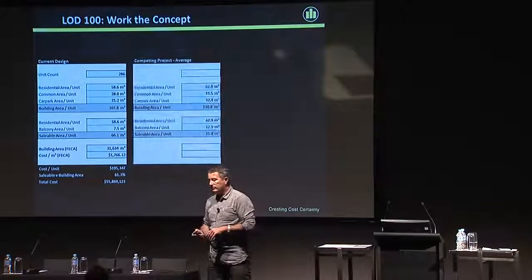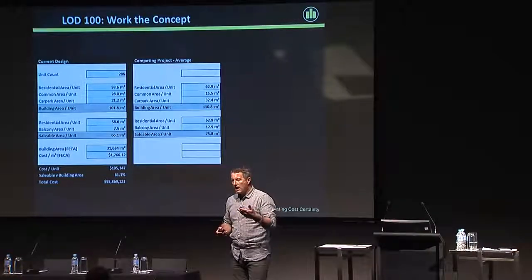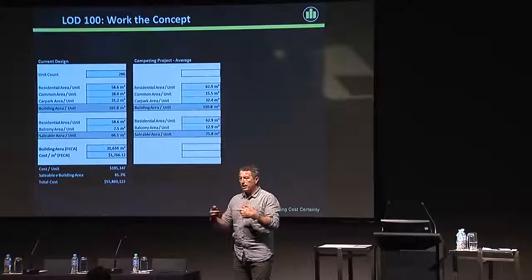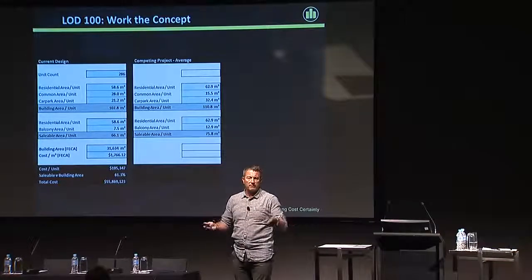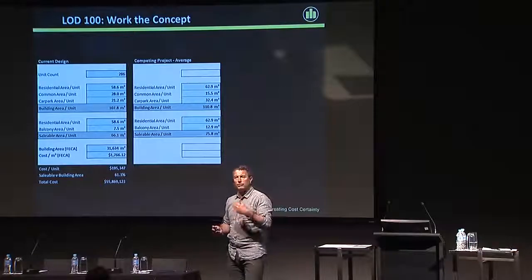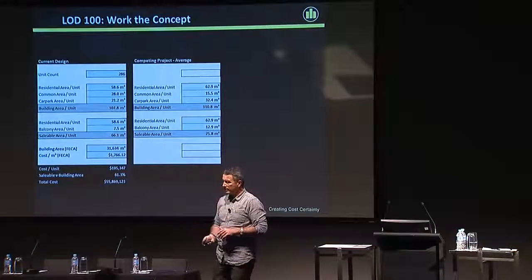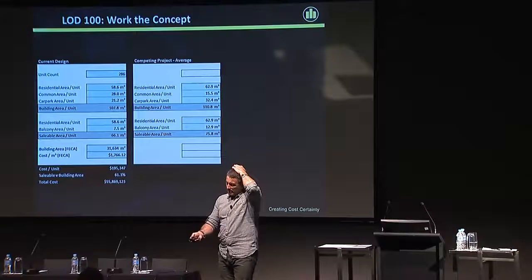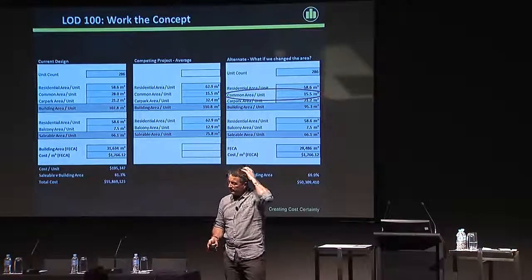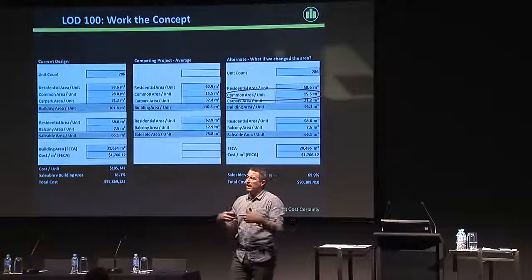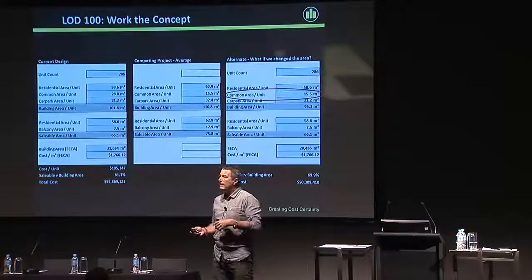We then compare that to a marketplace, and in this instance, we're comparing projects that are being sold for the same sort of price. So not ones that look the same, because you'll get the same answer. We're interested in ones that are being sold for the same price. And we find that there's this common area that's out of whack. So while our building overall looks okay, the common area is way too high.